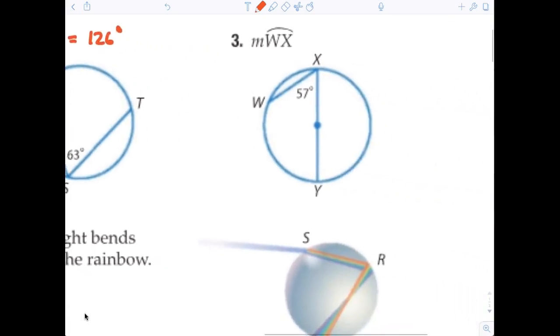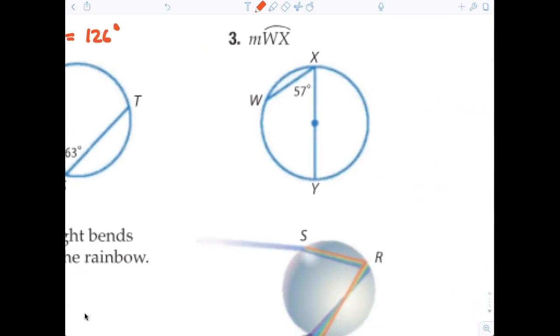Now, number 3. If we're looking for WX. All right. Now, remember, this right here would be the arc that we're looking for. All right. I'm not sure how we're getting that. All right, but he might be right.